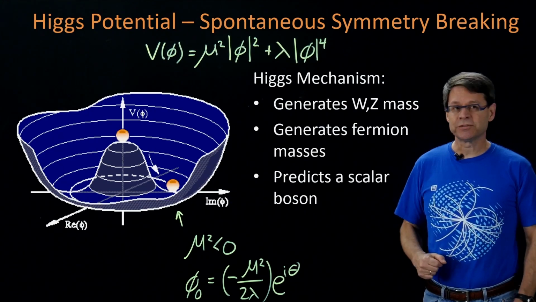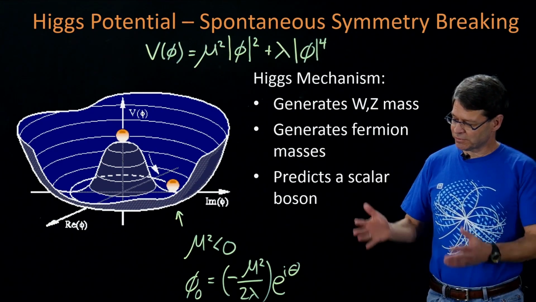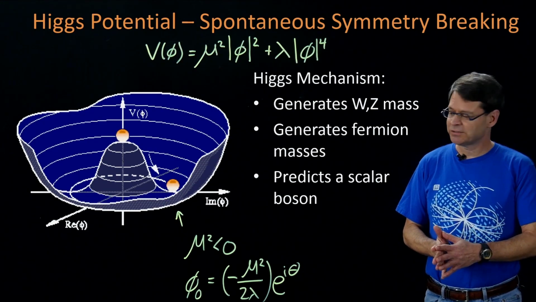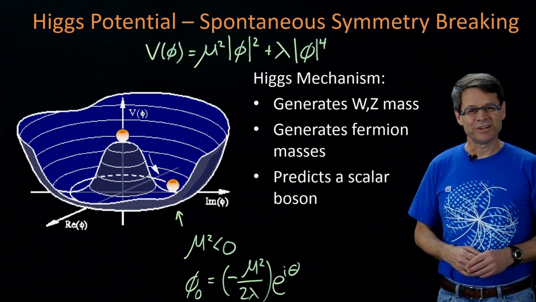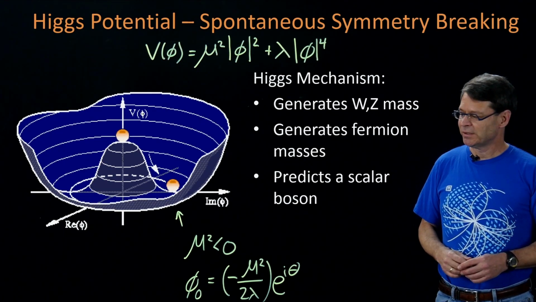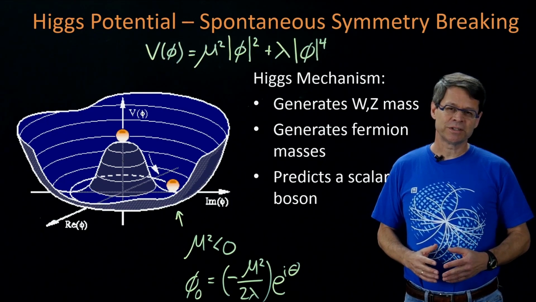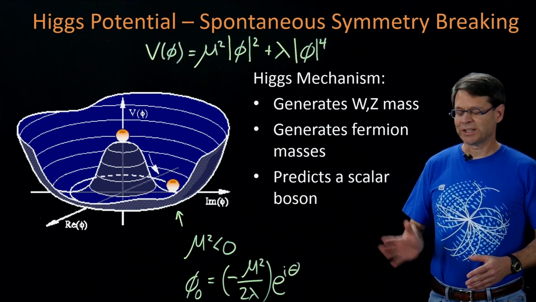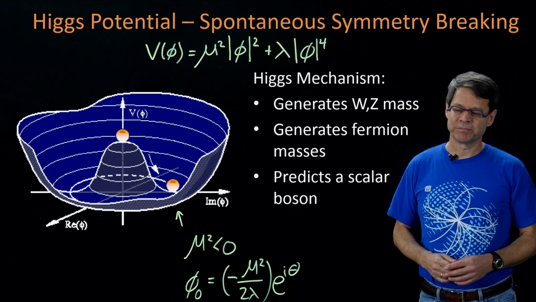So it predicts that, and that's known as the Higgs boson. So that was predicted back around 1967 for this mechanism to work, but it's taken a long time experimentally to actually find that boson. So that's the prediction. Unfortunately, this electroweak unification, this theory, doesn't actually predict the mass of that. So that's why it's been a bit of a long road.